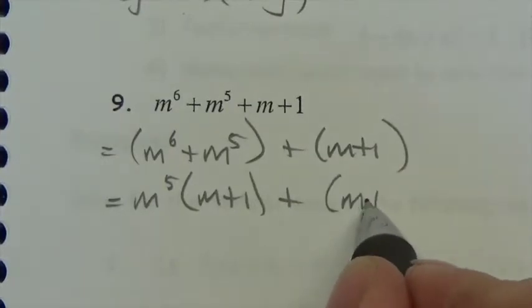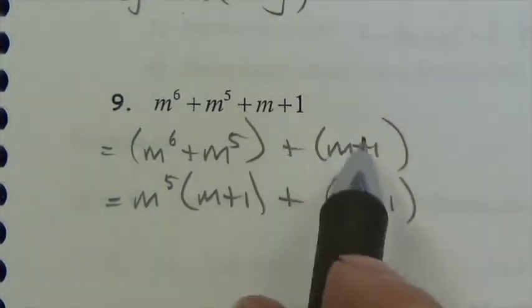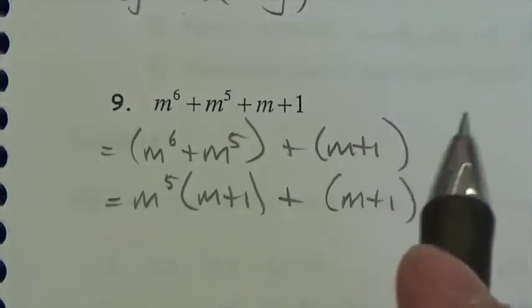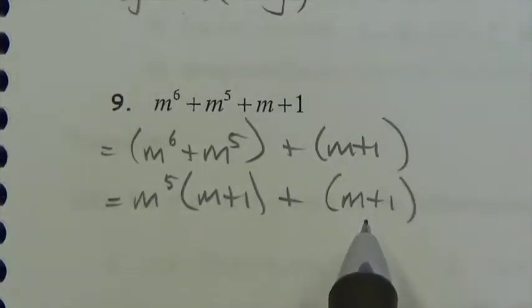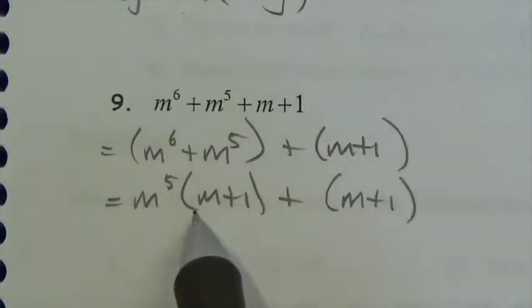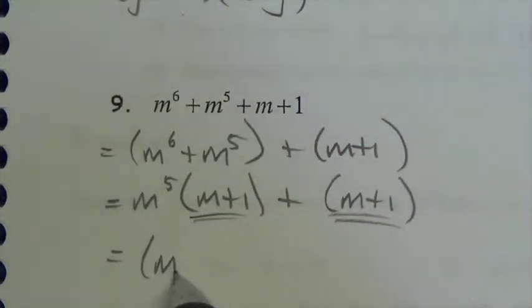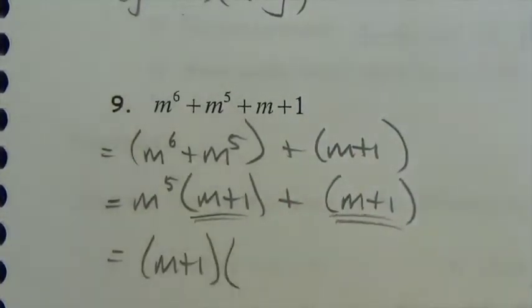So the best I can do is write it as m plus 1. Now, that is okay, though, if that happens in one of these two sets of brackets that I create here. The reason why that works here, everybody, is because as long as this ends up being the binomial factor that's common, that's totally okay.